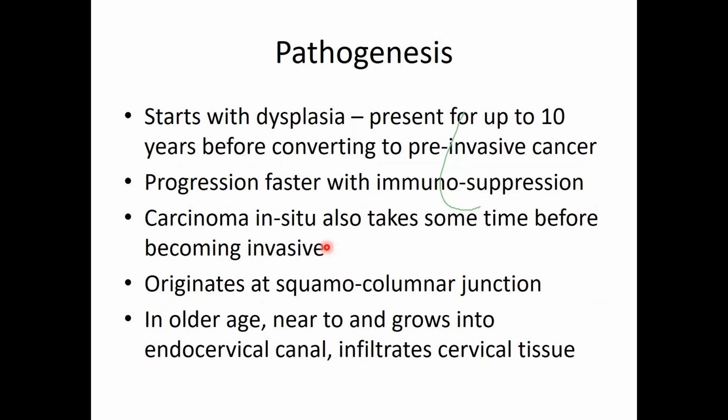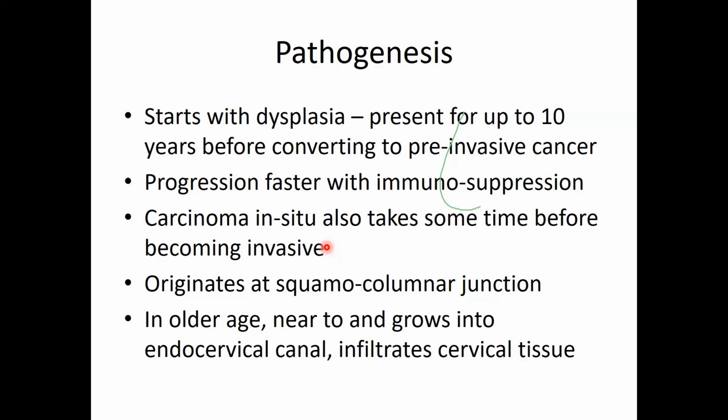Now, what happens? We've talked about a persistent HPV that needs to stay in the body system for some time. This means it stays in the system about 10 to 15 years after being infected. After getting the HPV virus, you will have to stay with it in the body system for that long so that it starts converting to precancerous or changing into abnormal cells.